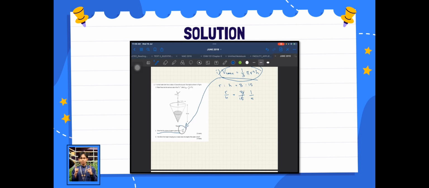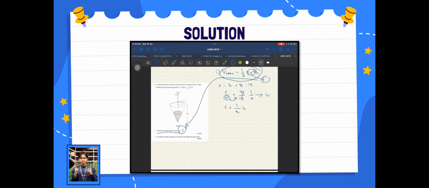So take a look back at these two equations, which is the equation we need. There is no r, but there is r here. So we need to remove the r. In order to remove the r, we need to make this equation in terms of h, which is we can move the h to the other side, and it will be r = 1/5 h.